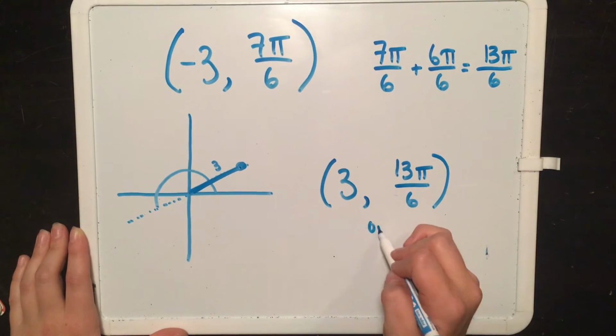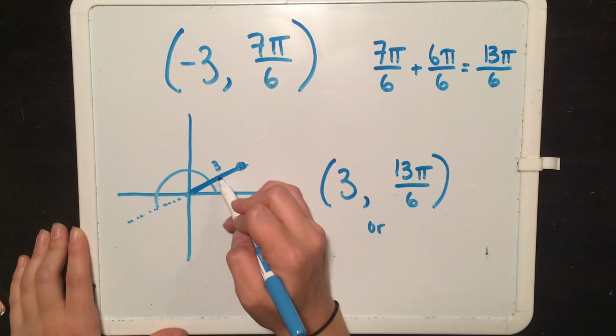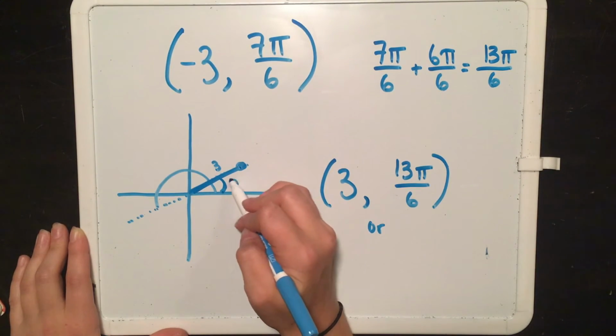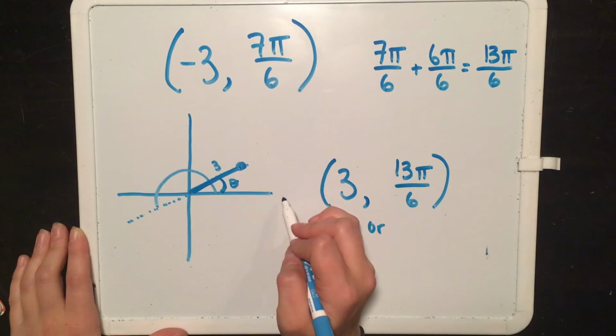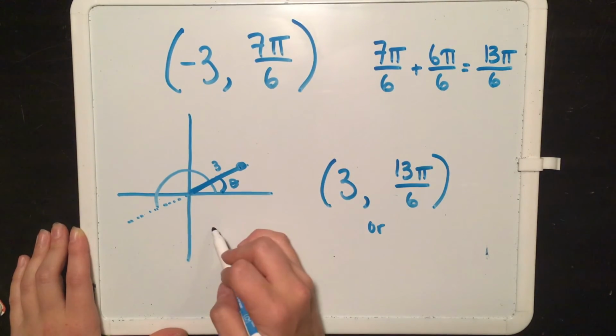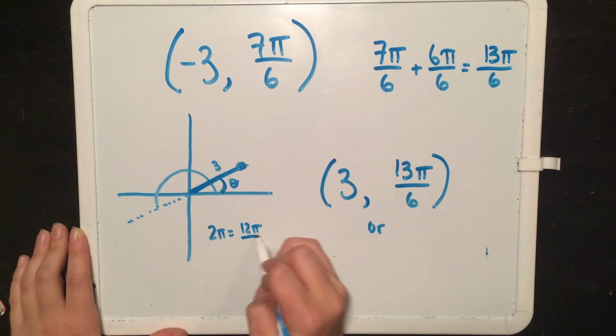We can also have a different answer. 13 pi over 6 itself is coterminal with another angle here. 13 pi over 6 is larger than 2 pi, which is 12 pi over 6.